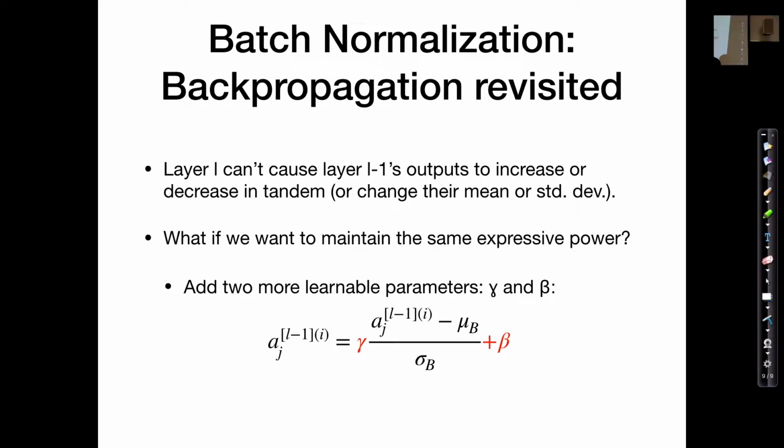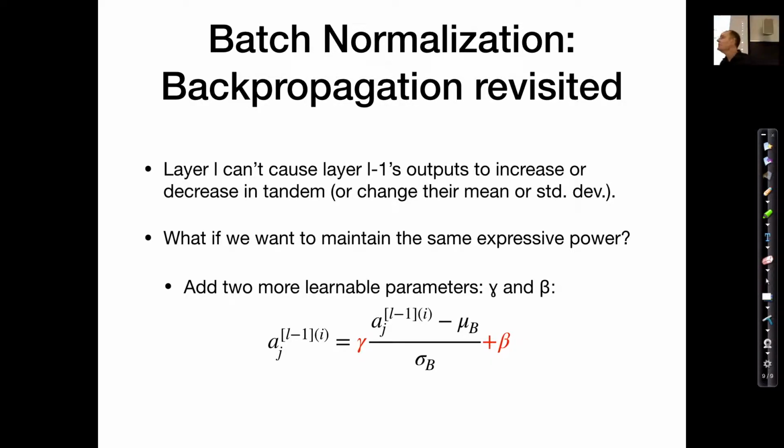So we're not as powerful, because before we could have had from layer L minus 1 to layer L some non-zero mean and some non-1 standard deviation. And so there's less we can express. So it'd be nice if we could get our same expressive power, which is kind of weird because it seems like we're just going back to where we were. But we're going to go back to where we were in a nice way.